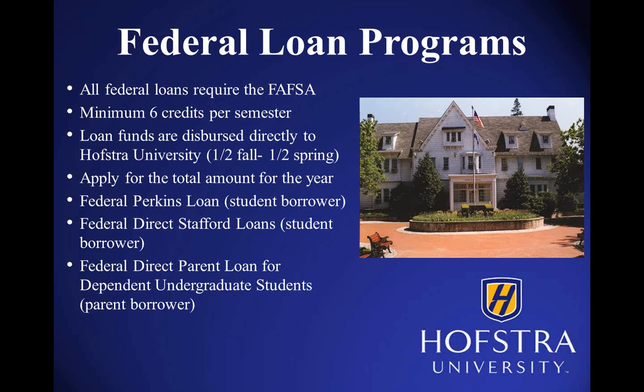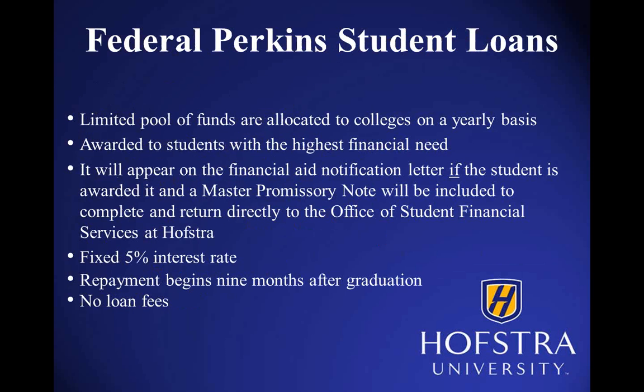So please make sure that when you apply for loans, you apply for the total amount needed for the full academic year. Federal loan programs for the student borrower are the Federal Perkins loan and the Federal Direct Stafford loans. The Federal Direct Parent Plus loan is for parent borrowers of dependent undergraduate students.